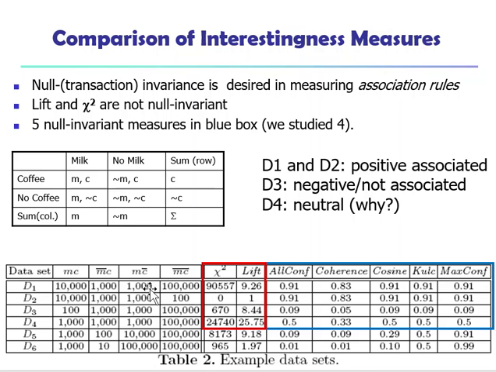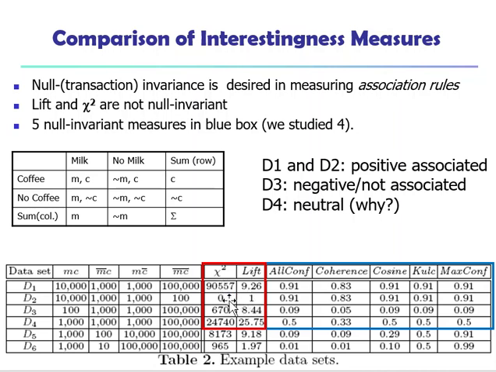On D1 and D2, we expect to see a strong positive association, but lift only shows strong association for D1 and no association in D2. So lift is 1, meaning those two are independent. So again, both chi-square and lift do not reflect what the data tell us in the D1 and D2 data sets.